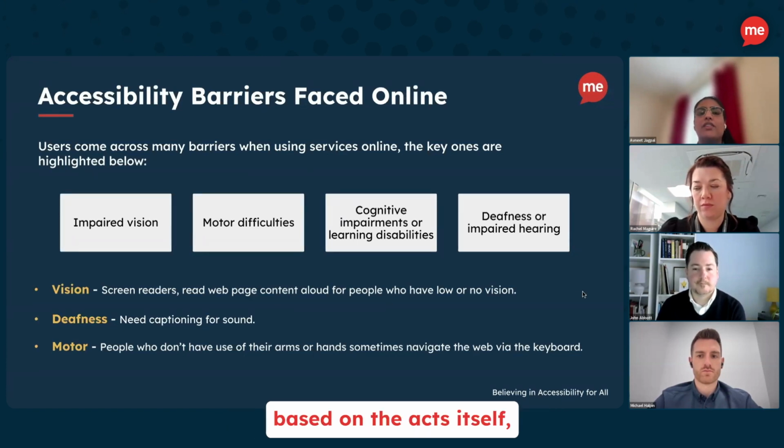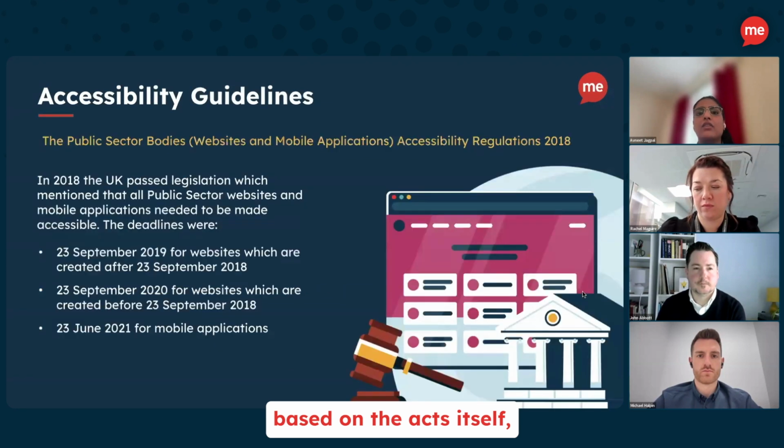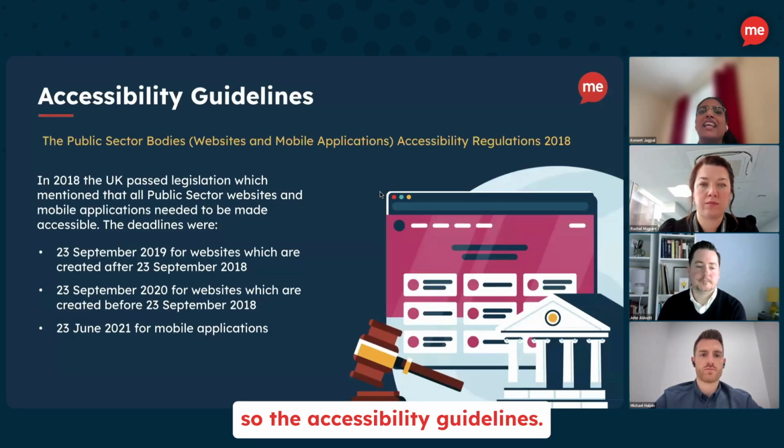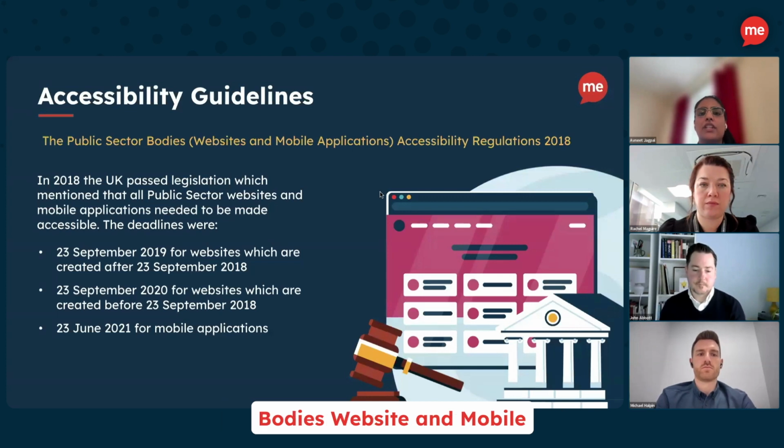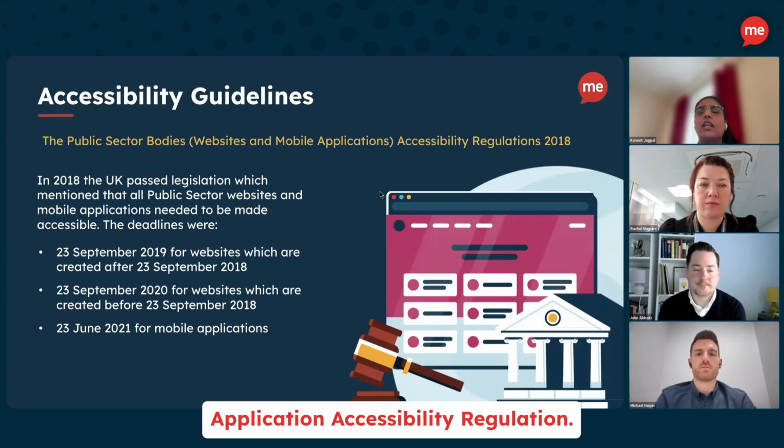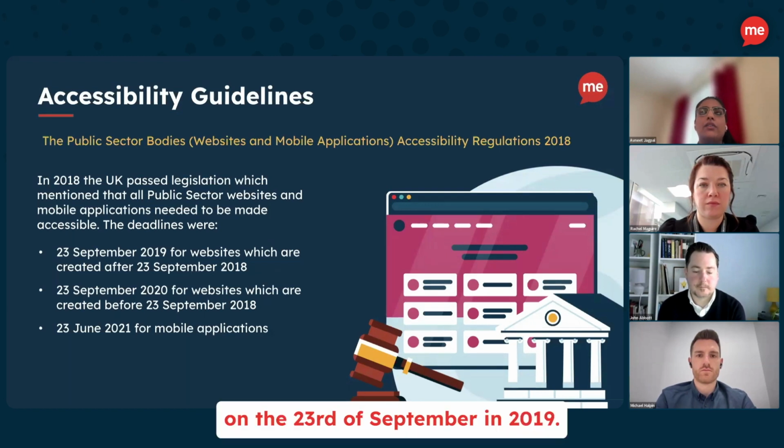Next, I'm going to be touching base on the Act itself, so the accessibility guidelines. The first one is the Public Sector Bodies Website and Mobile Application Accessibility Regulation. This came into picture in the UK on the 23rd of September in 2019.